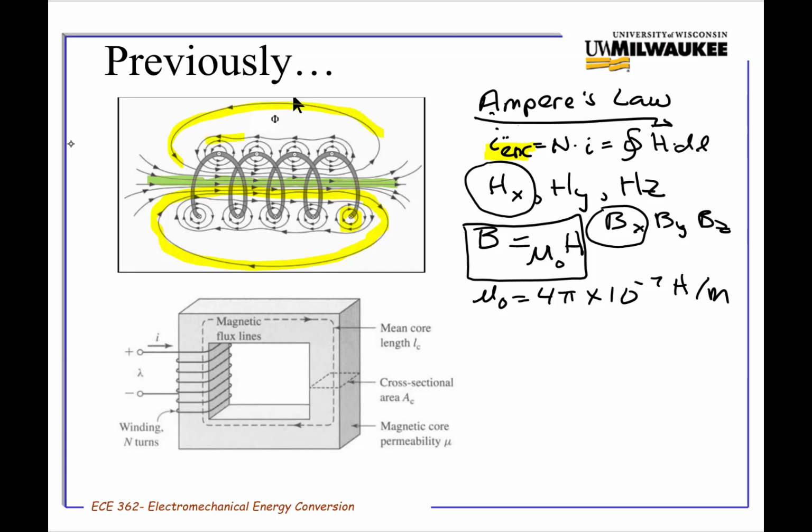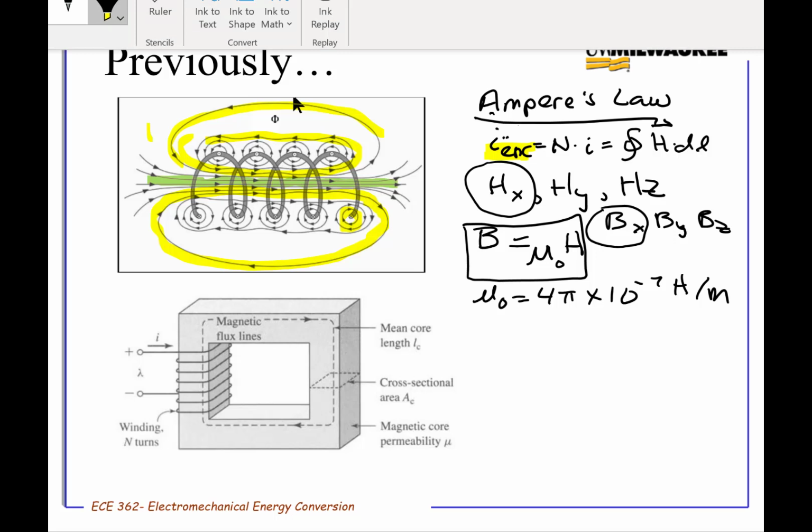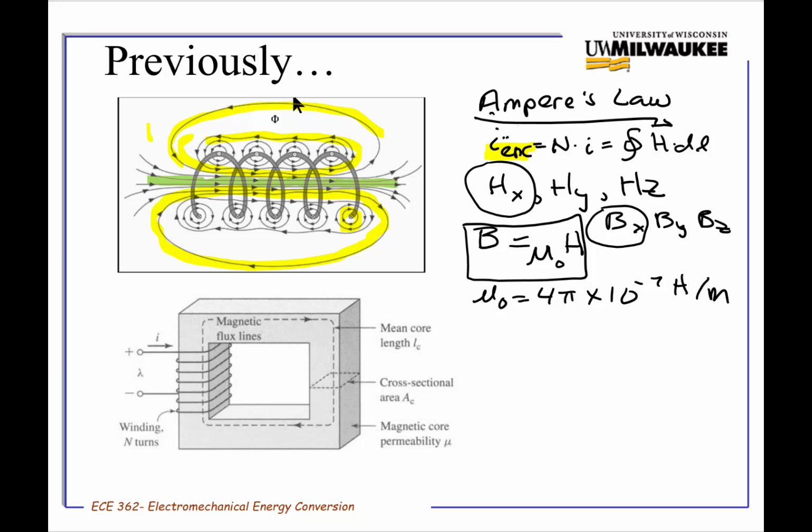You've got these different lines in the air, and if we can constrain those magnetic flux lines inside of the core material, it gives us a very straightforward way of looking at this. And we're going to talk a little bit more. We were at the end of the period talking about why we use cores.